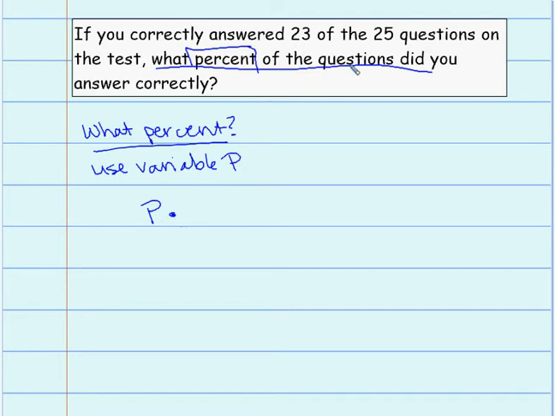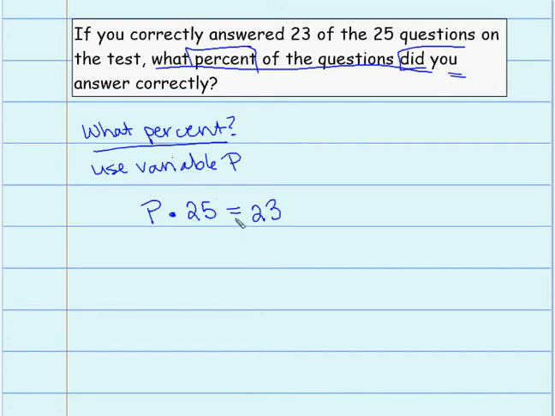Okay, so what percent of the questions? Well, how many questions were there? 25. Did you answer correctly? Okay, this part right here is the same thing as equals. What percent of the questions did you get right? And that might be a little tricky for you to see, but you need to have an equal sign in there.